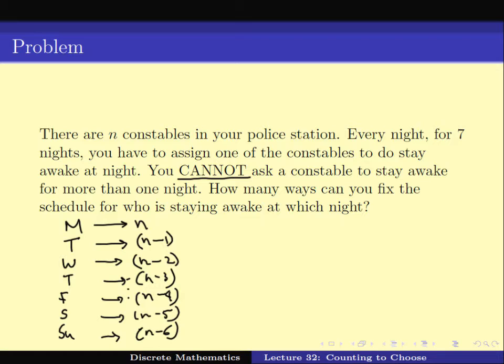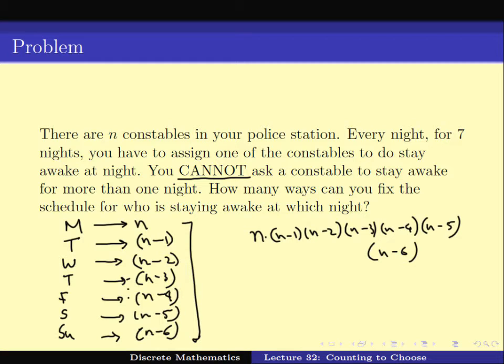So at the end, how many ways can I select these 7 constables? I can do n times n-1 times n-2 times n-3 times n-4 times n-5 times n-6, that's all. So the product of all of these is my answer.